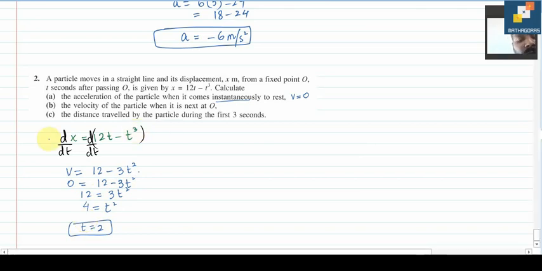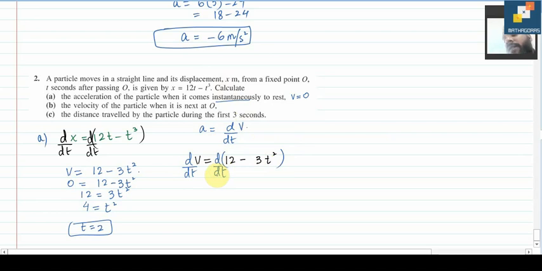For the first part, it says find out the acceleration, right? So what is acceleration? Acceleration is basically the derivative of velocity, right? So you have the expression for velocity which we found earlier. Velocity equals to 12 minus 3t square. For acceleration, you need to derivate your velocity.